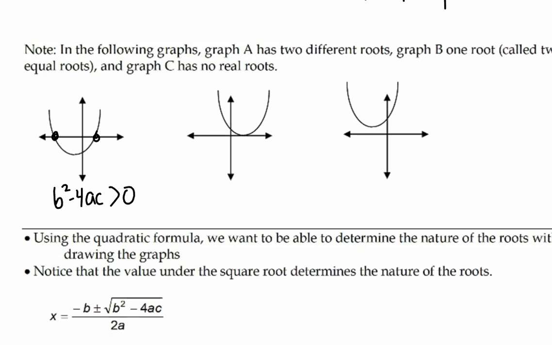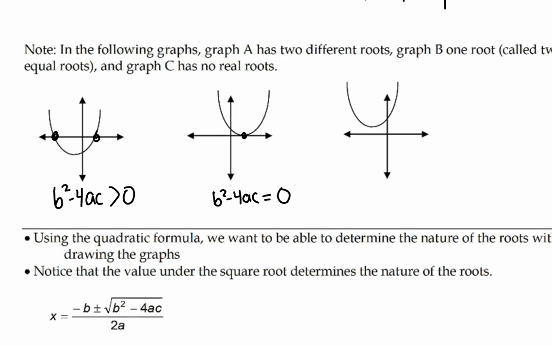Because b squared minus 4ac is the radicand. It's what's inside the square root. So if whatever's inside the square root is greater than 0, you're going to have 2 solutions, the plus or minus versions. If the b squared minus 4ac, your radicand, is equal to 0, then you only have 1 solution.